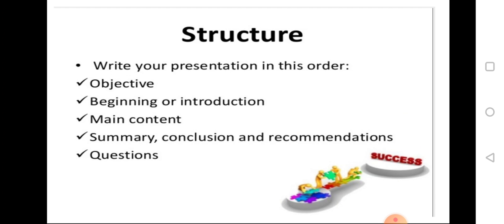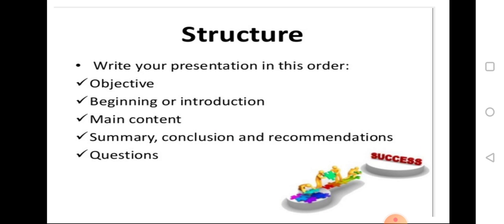Structure. Write your presentation in this order. We should always prepare our presentation accordingly. First of all, we should write the objective. What is the objective of the presentation? Another step is the beginning or introduction.